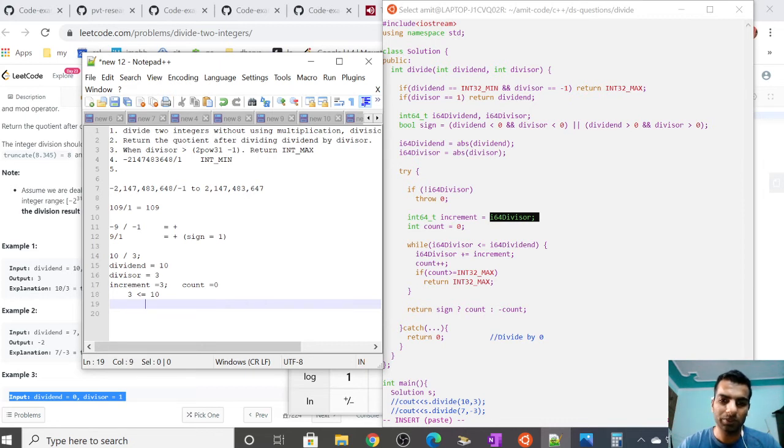So now the divisor becomes divisor plus increment. I'll just go with the first iteration.